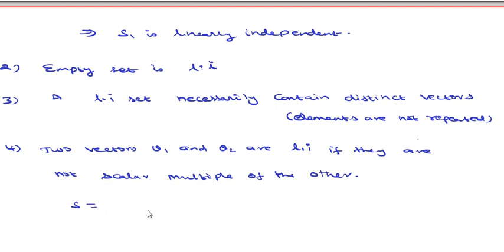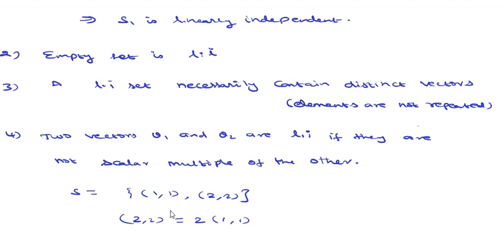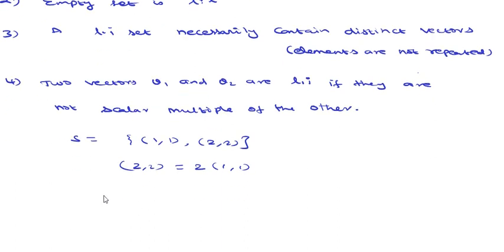Suppose S is {(1, 1), (2, 2)}. Here (2, 2) is 2 times the first element (1, 1), so (2, 2) is a scalar multiple of (1, 1). Therefore this set does not have distinct vectors, so S is linearly dependent.